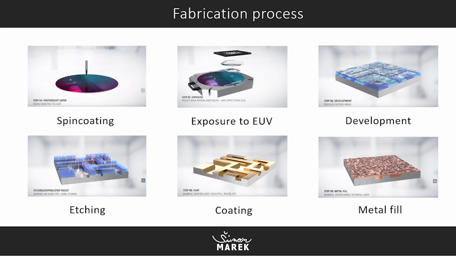Next is etching, which is most likely some reactive ion etching or ICP, inductively coupled plasma, I think that's the name for this. Next we have metal fill, which is some sputtering process, and this is our metal interconnections.